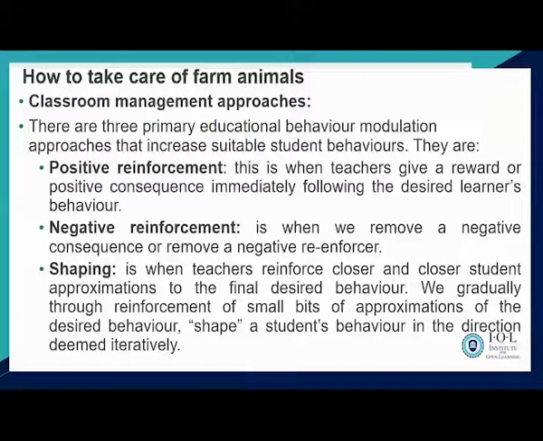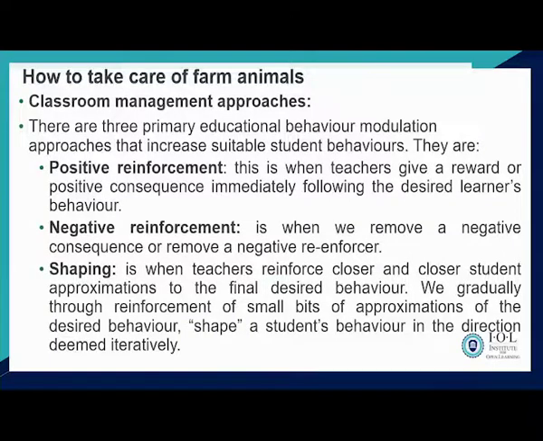Okay, so what are some of the classroom management approaches that we have? There are 3 primary education behavior modulation approaches that increase suitable student behavior. This includes positive reinforcement, negative reinforcement, as well as shaping.